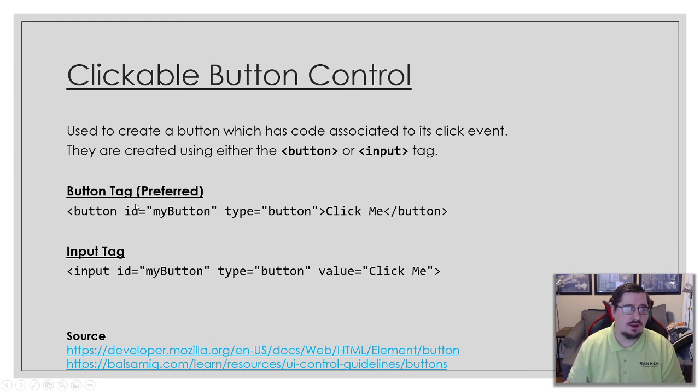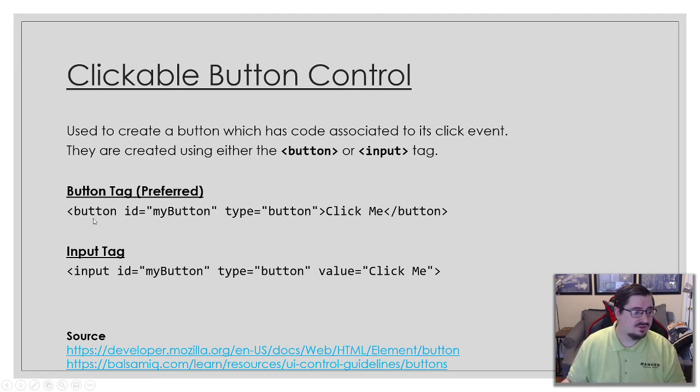For instance, if you want to add an icon to a button, using the button tag allows you to do that. Whereas if you're using the input tag, you're entering the text of the button as the value. You can't put HTML here. You can't put icons in using an image tag or using the I tag, using Font Awesome. You would have to set it as a background image. So using the button tag is preferred for that reason.